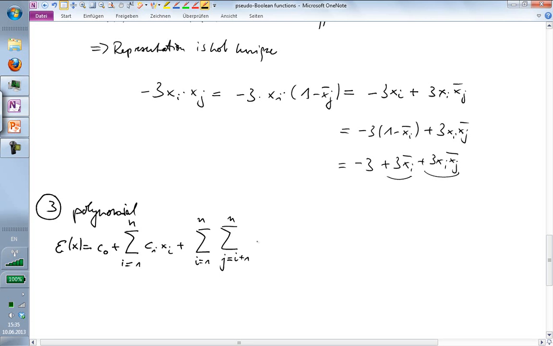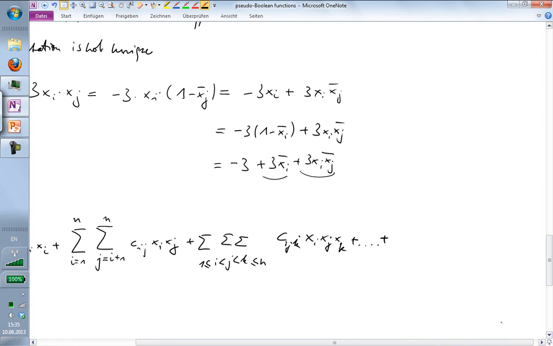And then similarly for a triple term, so c_ijk times xi, xj, xk, and so on.